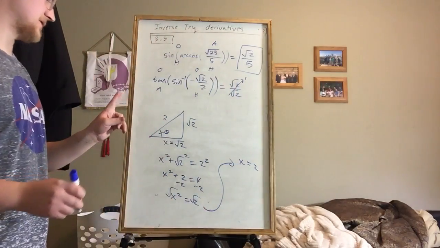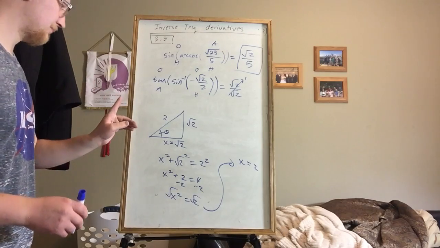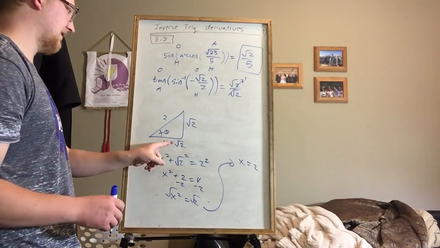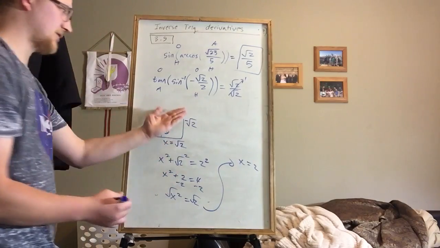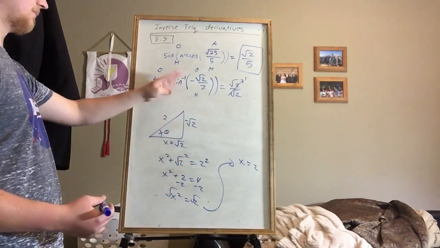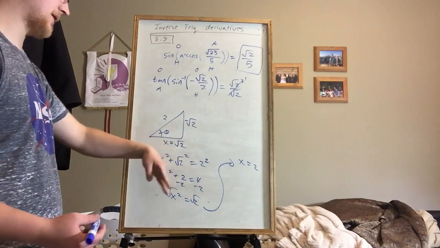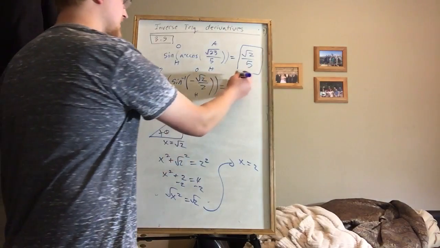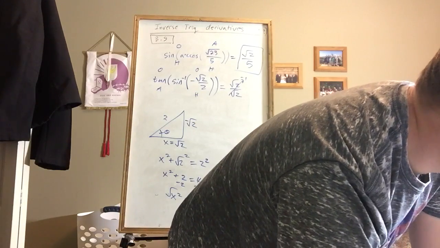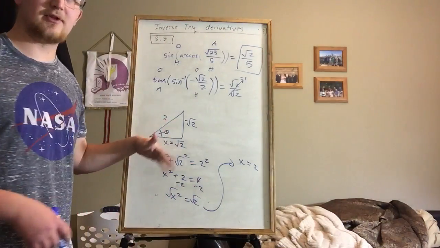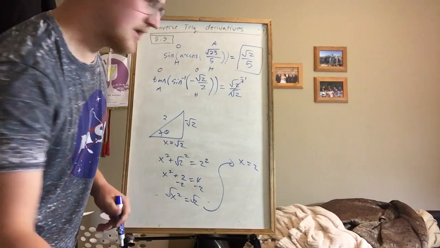But we have to remember that we were given a negative value for the opposite. So this is actually in the fourth quadrant, and so I believe this will be a negative 1. And that was correct. So definitely be careful about your minus signs.